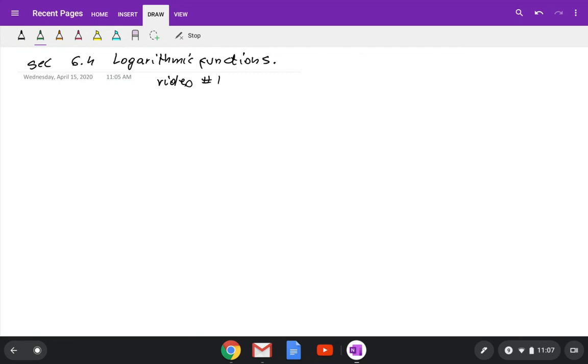So let me give you the definition. Logarithmic function is the inverse of the exponential function.